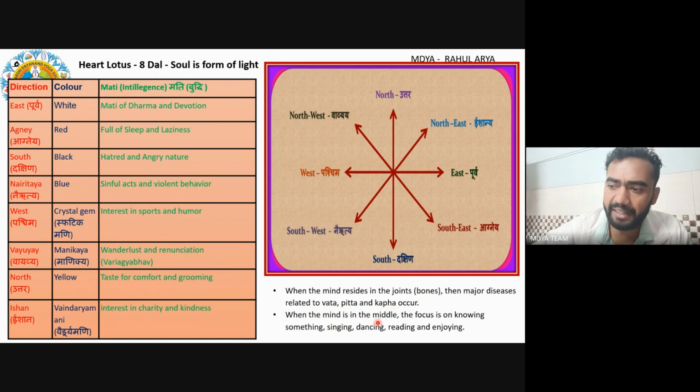And when the mind is in the middle, the focus is on knowing something, singing, dancing, reading, and enjoying. It means you will get a Rajasic nature, because all these are qualities of Rajasic nature.